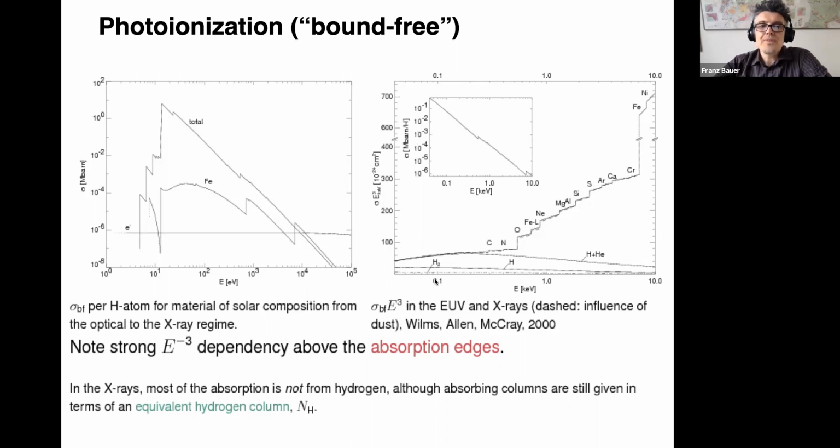This is interesting because generally you will measure the ISM based on its hydrogen column. So you quote the ISM as having a column density of neutral hydrogen. But actually what you care about is the abundance ratio of this neutral hydrogen, because that's what gives you the absorption, at least in the X-rays.